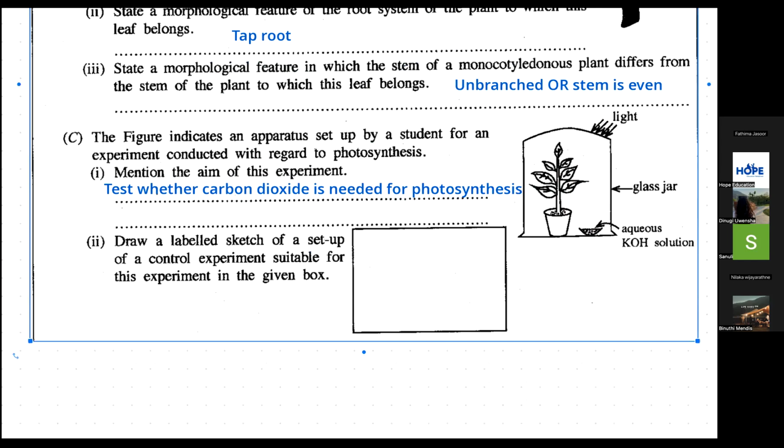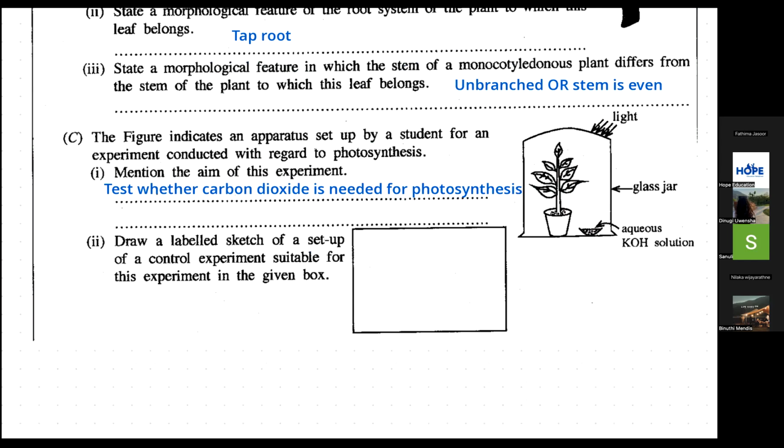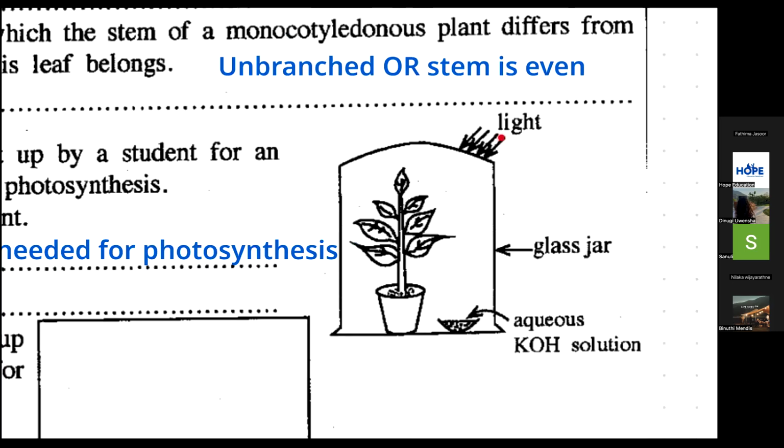Then they're asking us to draw a control experiment suitable for this. How do we draw a control experiment for this? If you look at this one, we know KOH absorbs all the carbon dioxide. This plant has light, and it has chlorophyll because it's a green plant.